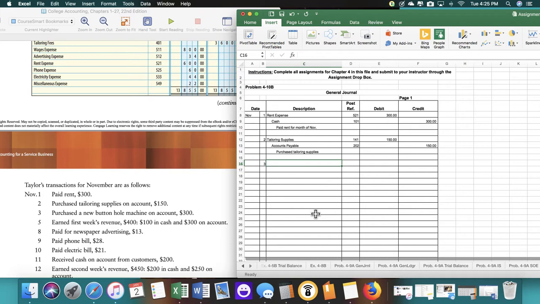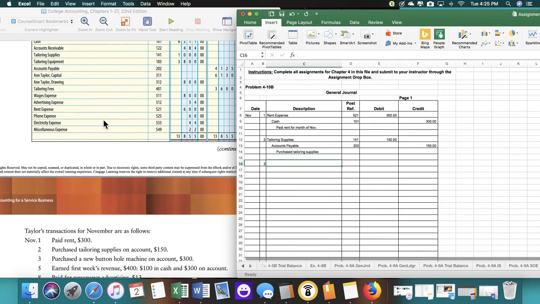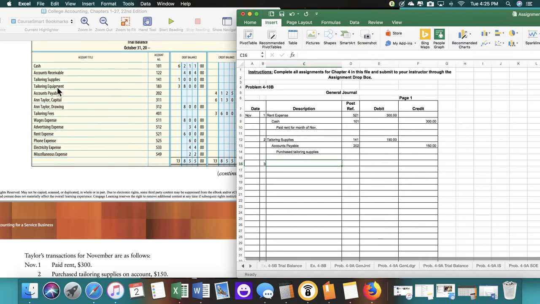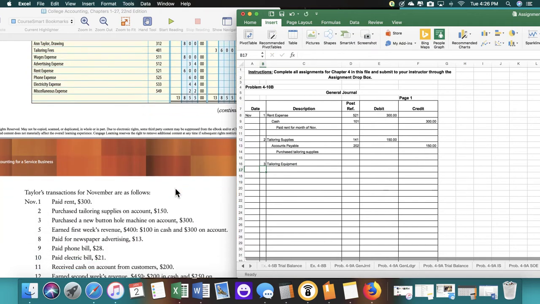So the next one is we purchased a buttonhole machine. If we look at the accounts, we don't have one specifically for a buttonhole machine. So it would go under tailoring equipment. We purchased it on account. So again, it's going to be accounts payable.